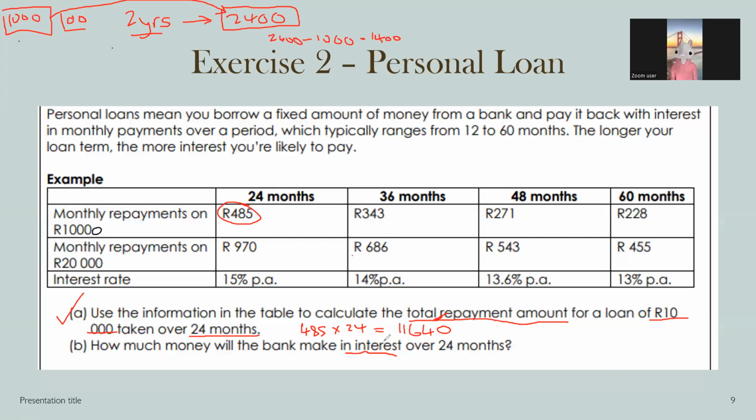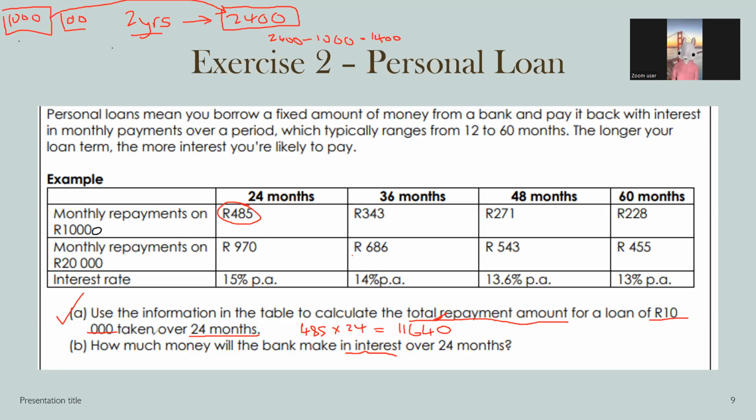What happened to the screen? Okay, so what was the total repayment amount? 11,640. What was the amount of the loan? Oh, sorry. I'm totally zoned out. I forgot about that amount.